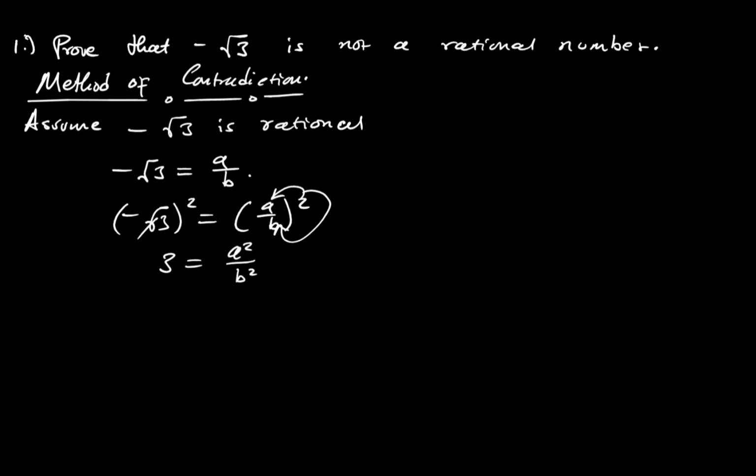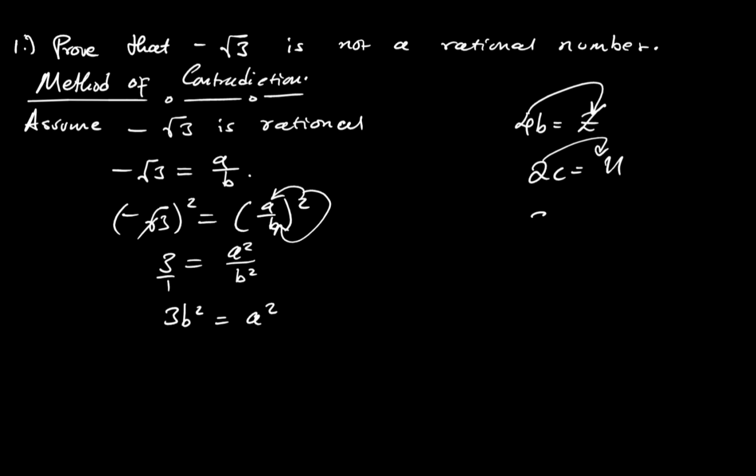Now basically I can create one straight equation where I can just cross multiply this and have 3b squared being equal to a squared. Now in mathematics, be mindful that if you have something like 4b is equal to z, it simply just means that 4 is a factor of z. If I have 2c is equal to, let's say, 11, a number, it means that 2 is a factor of 11. Or even if I have something like 3b is equal to a, it means that 3 is a factor of a.